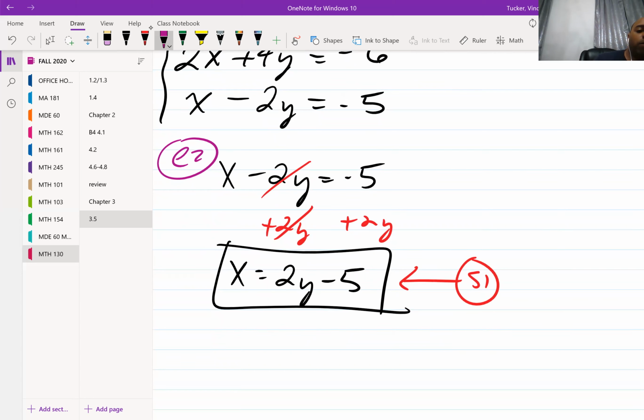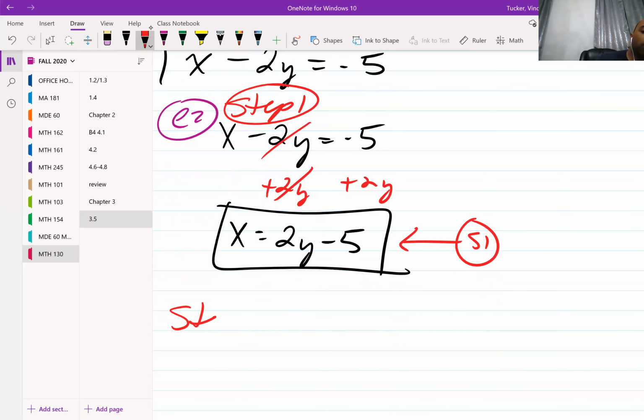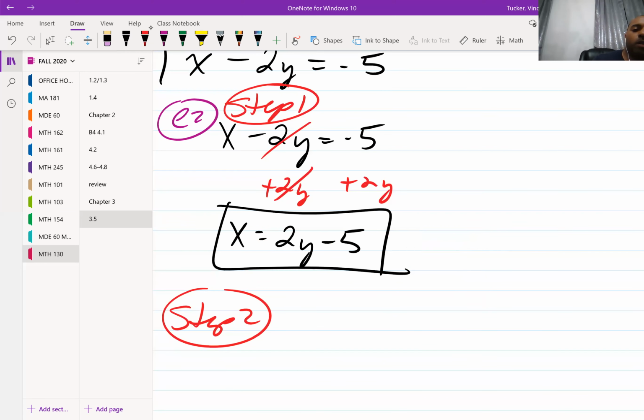Now for step 2, I probably should have written it up here like this. Step 1, then do step 2. So I'll do it like that. So we're going to start with the other equation. Remember, we started off using equation 2. So now we're going to go to the other equation, equation 1.